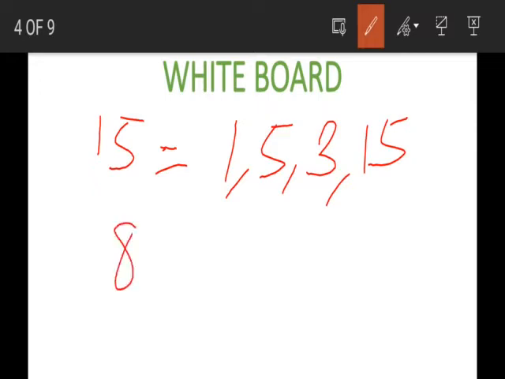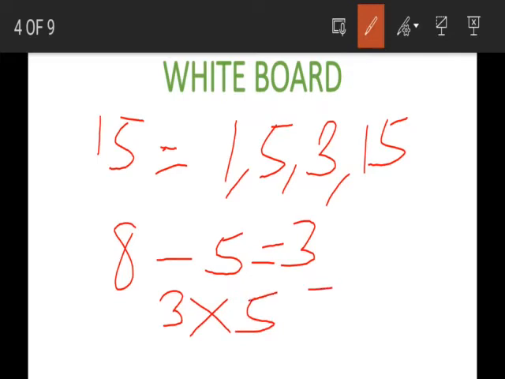That is the 8 at the bottom, minus 5. 8 minus 5 will give us 3. Then this 3 we've gotten, we'll multiply it by the 5 at the top. That is 3 times 5, and that will give us 15. So that place we are looking for, the answer is 15.